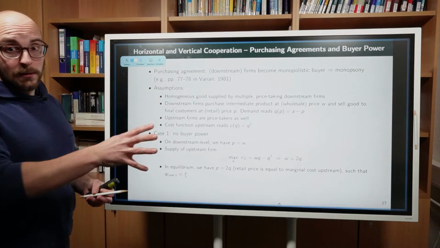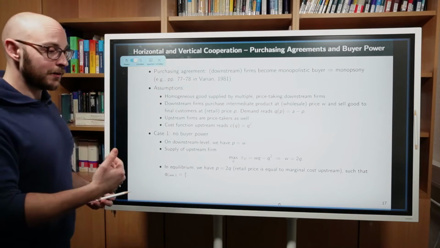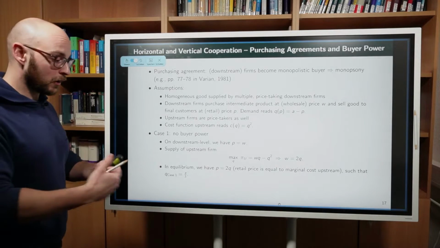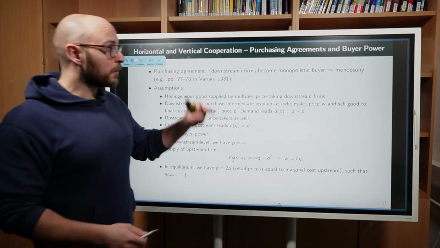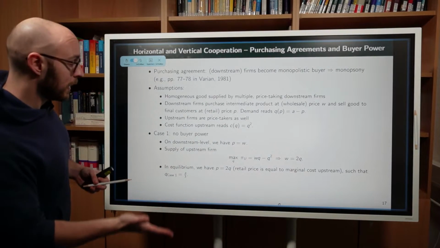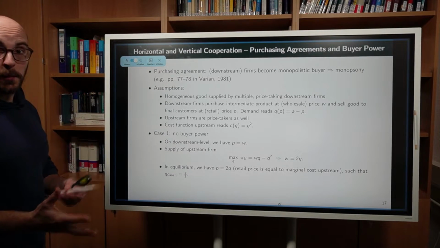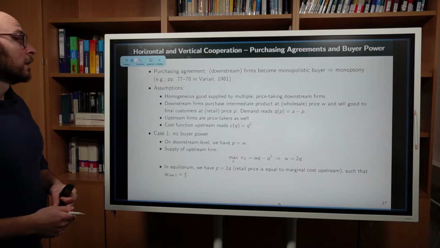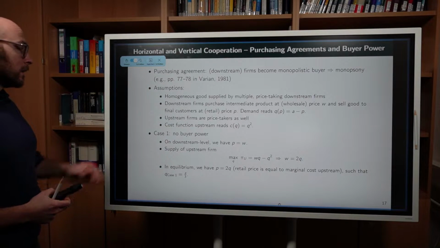We know monopoly, which basically means that you have market power on the sales side. And in monopsony, it's a little bit reversed. You have perfect buyer power on your buying side, right? It will become clear if we look at this in detail.